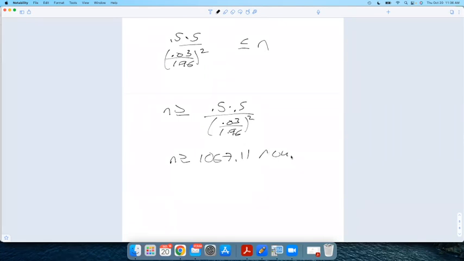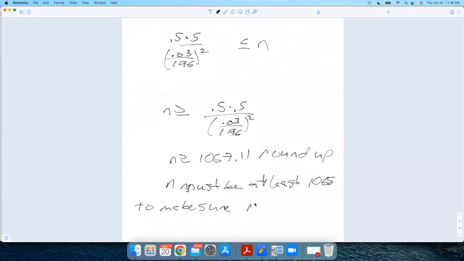So no matter what decimal was here, we have to round up. So n must be at least 1068 to make sure the margin of error is less than or equal to 3%.